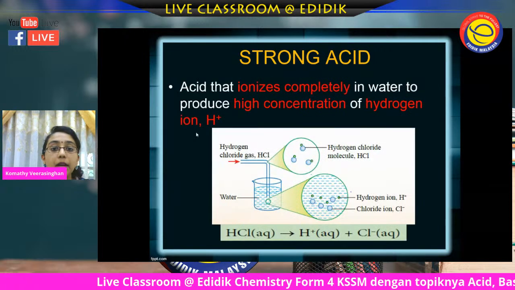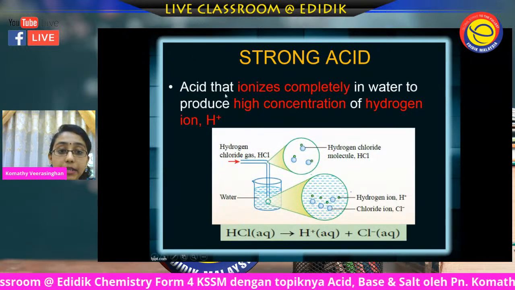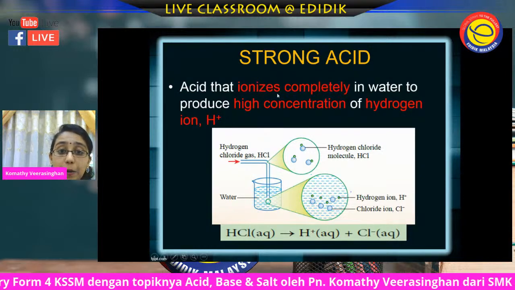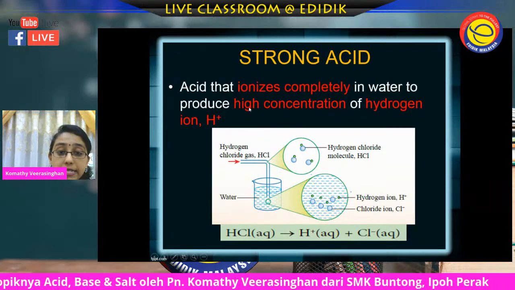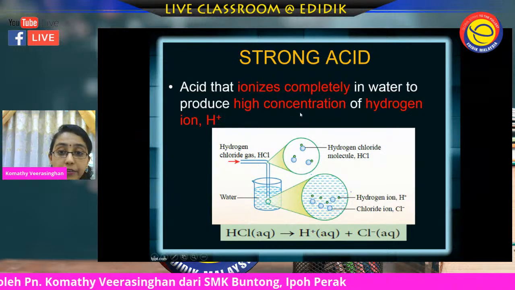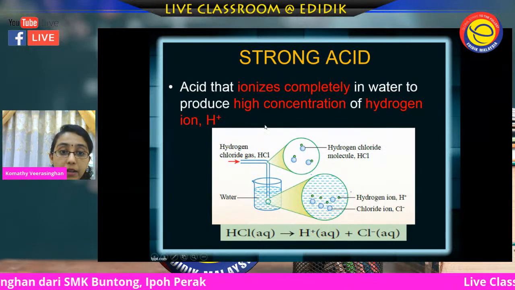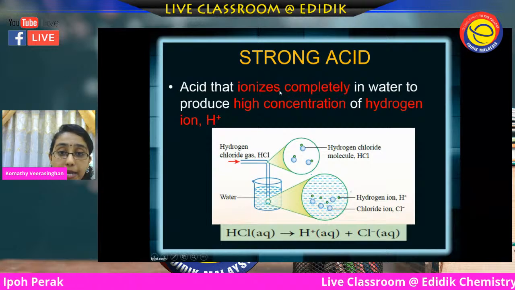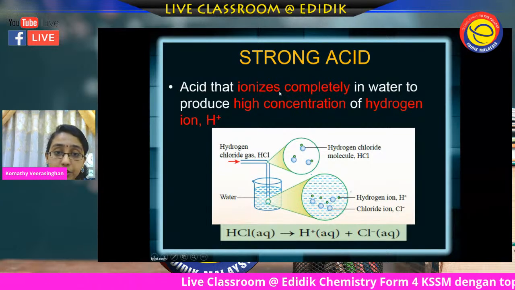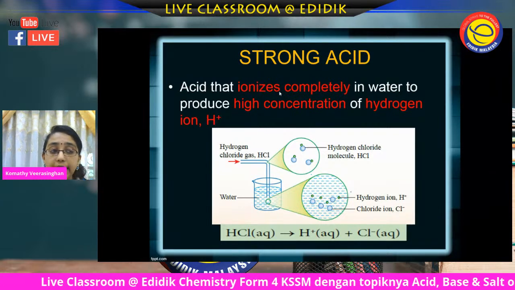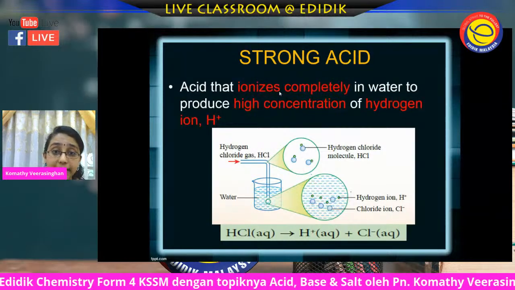Okay, now let's look at strong acid. The keywords: ionizes completely and produces high concentration of hydrogen ion. Now, as you compare to your general definition of acid, we know that as long as it ionizes hydrogen ion, it is acid, right?